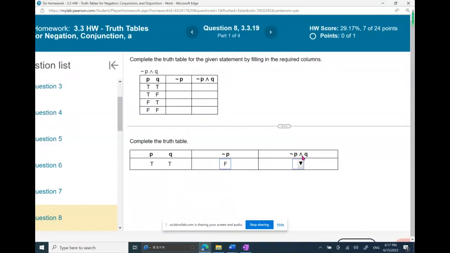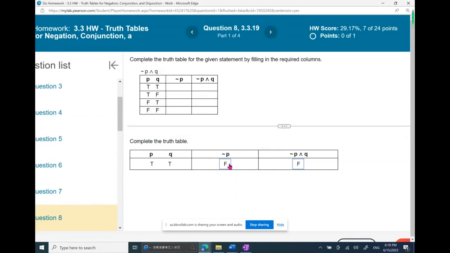And the last column is the conjunction of not P and Q. The two columns preceding the final column are the two components of the conjunction in the last column. For this conjunction to be true, both of them have to be true, but that doesn't happen, right? So this conjunction is false.